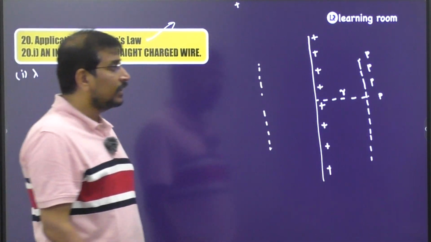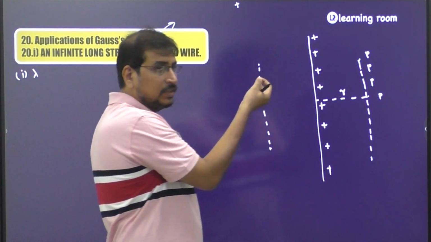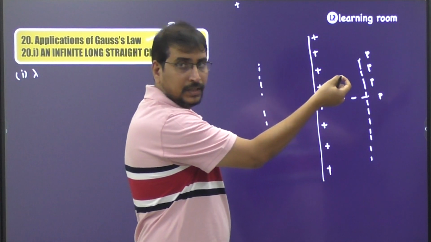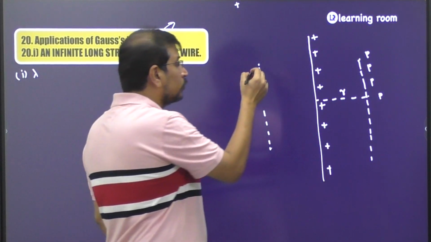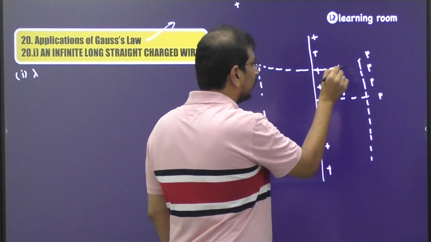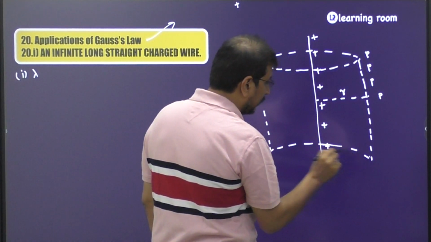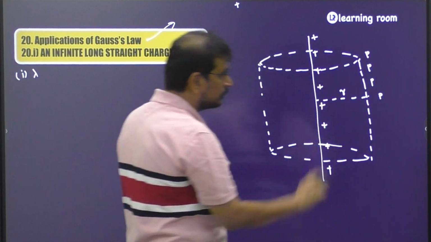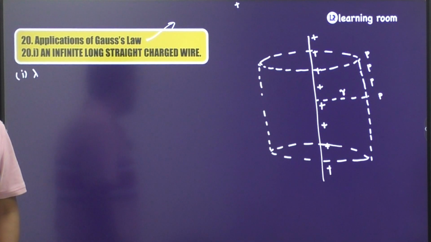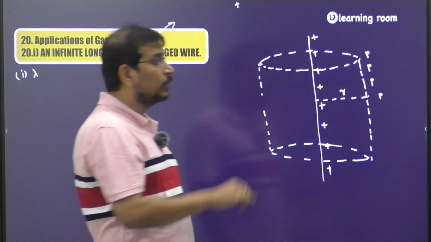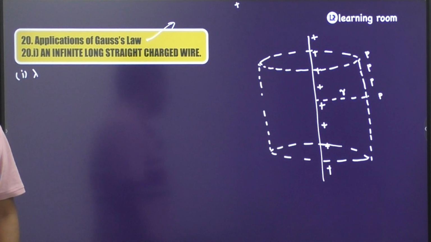But at the same time, this point P could have been anywhere in the space. So when you join all those points, the shape that you are going to get is a cylinder. So this is going to be the Gaussian surface, and we also ensured that the Gaussian surface is passing through the point where we are interested to calculate the field.